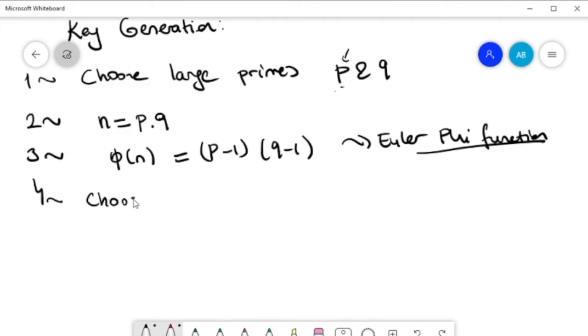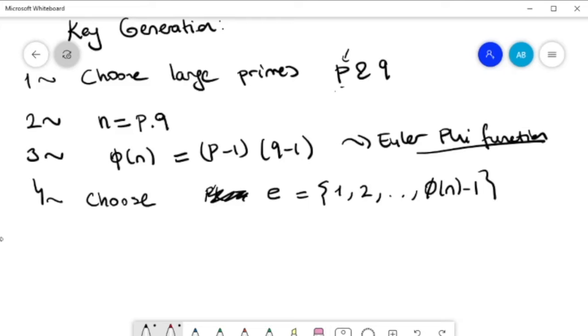And we choose a public key, PK, with, don't confuse, we choose a number E in between 1 and phi of N minus 1, such that GCD of E and phi of N equals 1.